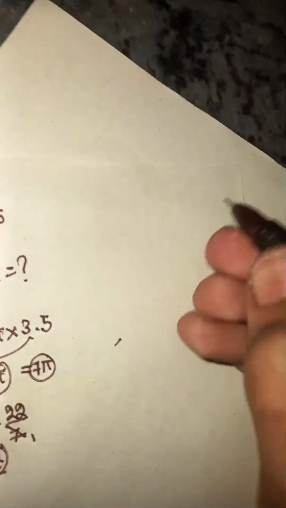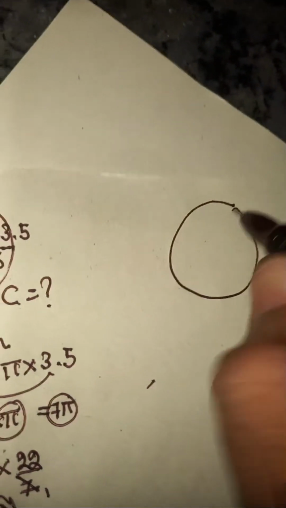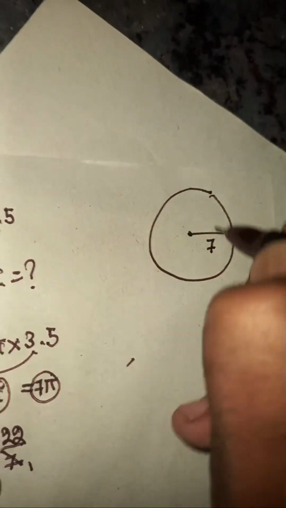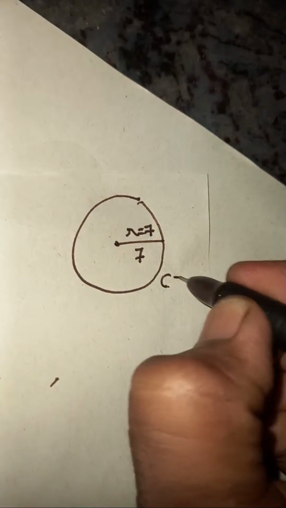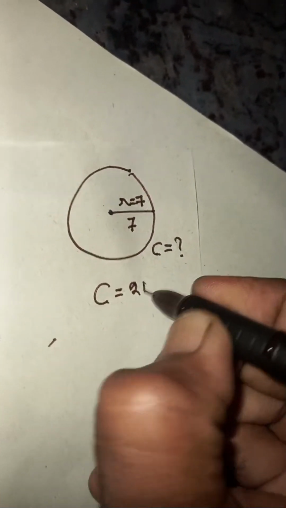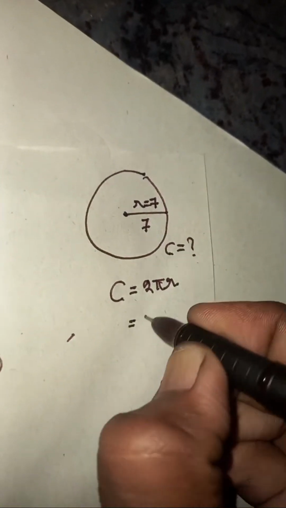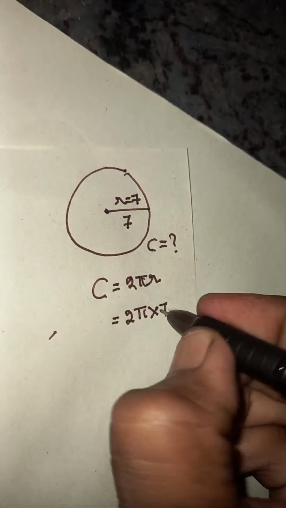Let's take even one more circle. Here in this circle they have given the radius as 7 units. When radius equals 7 units, find out what's the circumference. Here circumference equals 2 pi r. That means 2 pi times the radius, which is 7 units.